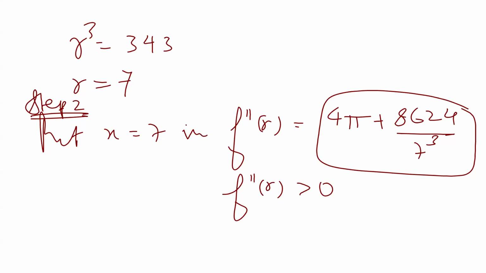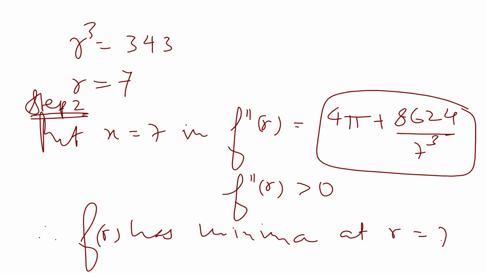By any chance is it going to be negative? No. So why waste time solving this? So this is greater than 0. Therefore, f of r has a minima at r equal to 7 centimeters, or 7 units, whatever you can mention. That is the end of the problem.